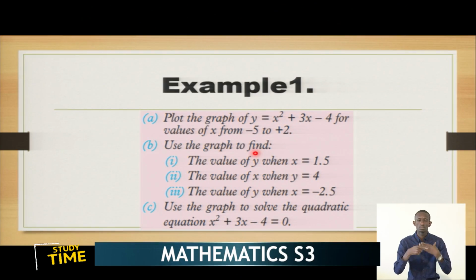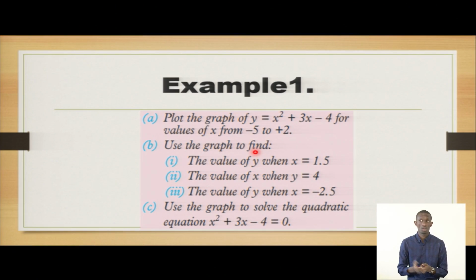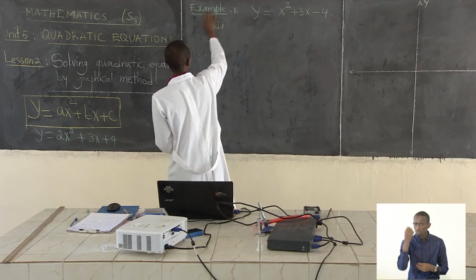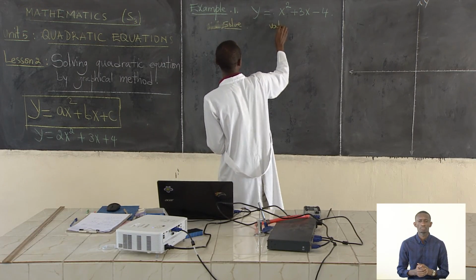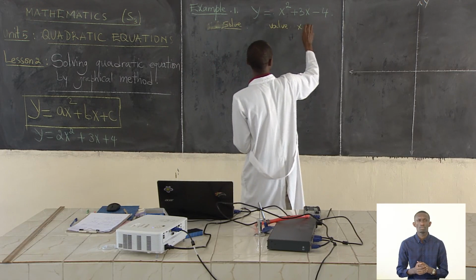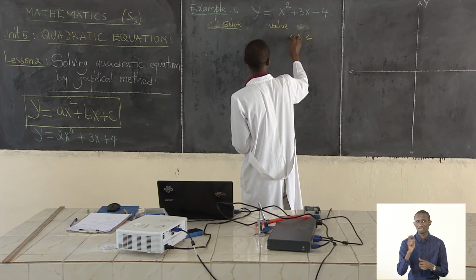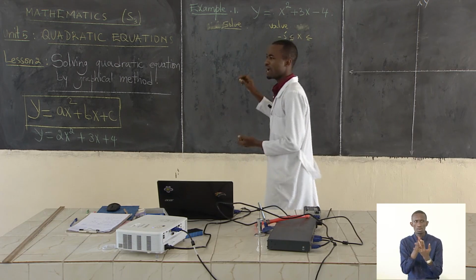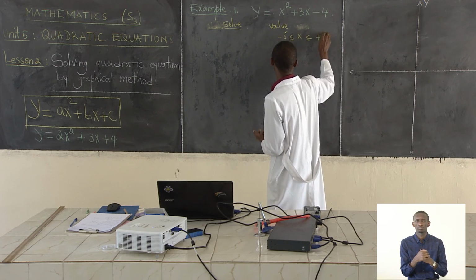Every time you are solving a quadratic equation, you need to have the values to be used. And for our case, we have values for x. x will be varying between -5 and +2.